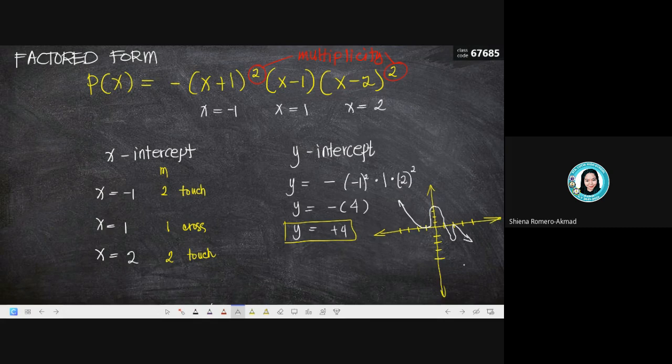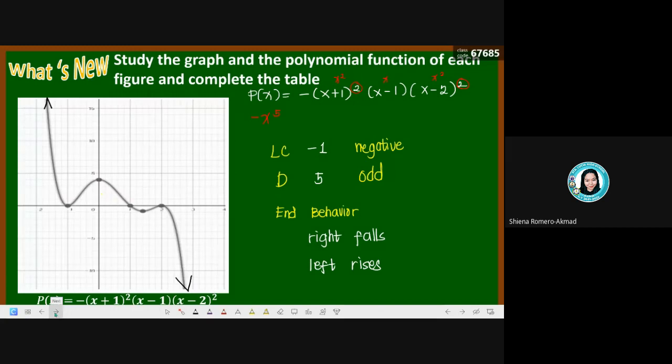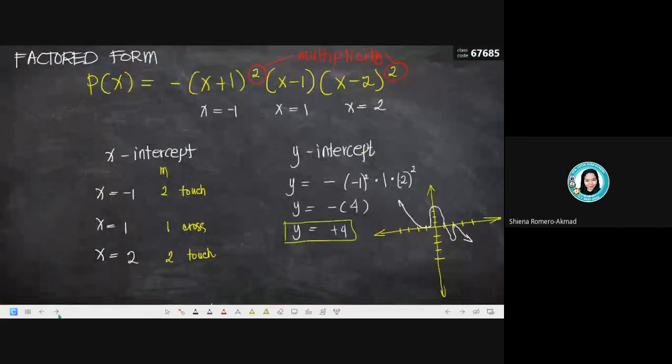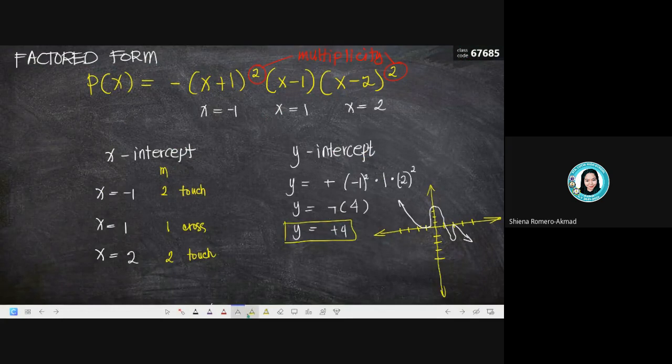Tama. O, di ba ang pangit ng gawa ko? So, ganun talaga siya. Should be positive 4. Baka may something sa given na to. Okay? Pero it should be positive 4. Hindi ko alam po ano yung something sa kanya.